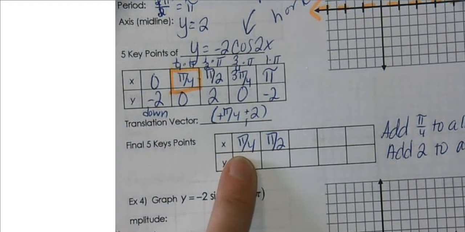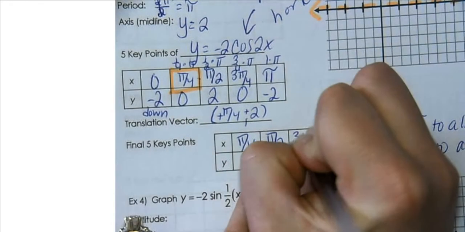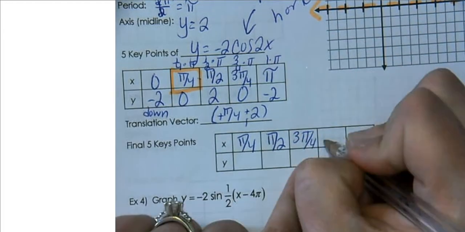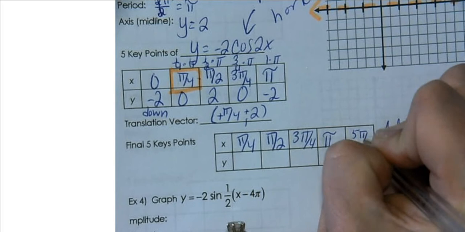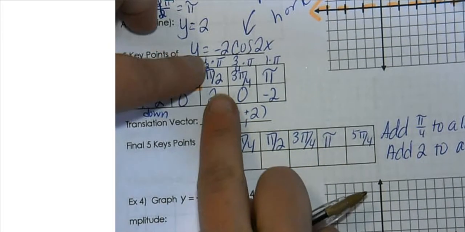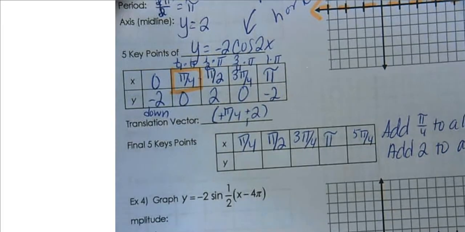So that's 1 pi over 4, 2 pi's over 4, the next one is 3 pi over 4, 4 pi's over 4, which is pi, and 5 pi's over 4. If you want, you can simply add. Like pi over 2 plus pi over 4 will give you 3 pi's over 4. 3 pi over 4 plus pi over 4 is 4 pi's over 4, which is pi. And then finally 5 pi's over 4.